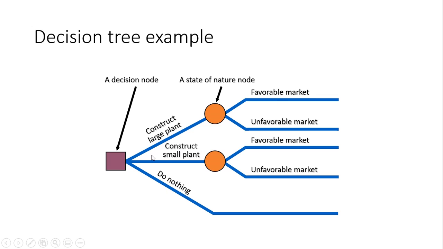While in the second alternative, construct a small plant, you will also be found again in a favorable market or unfavorable market. In doing nothing, you will be found in any case of these market cases. So we learned how to draw our decision tree.